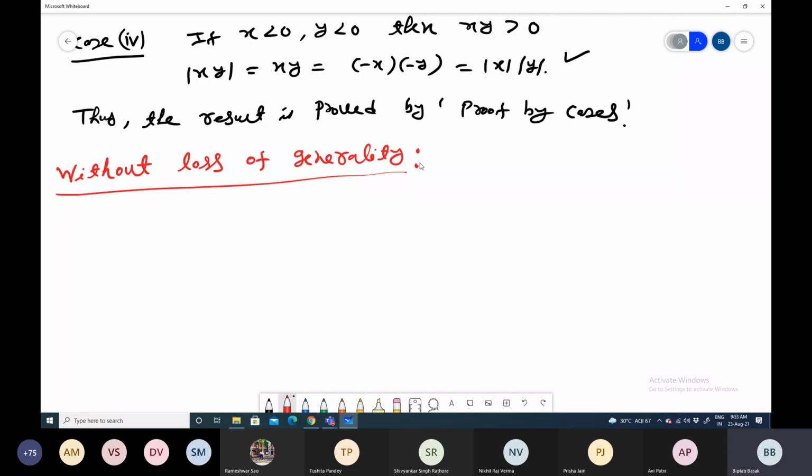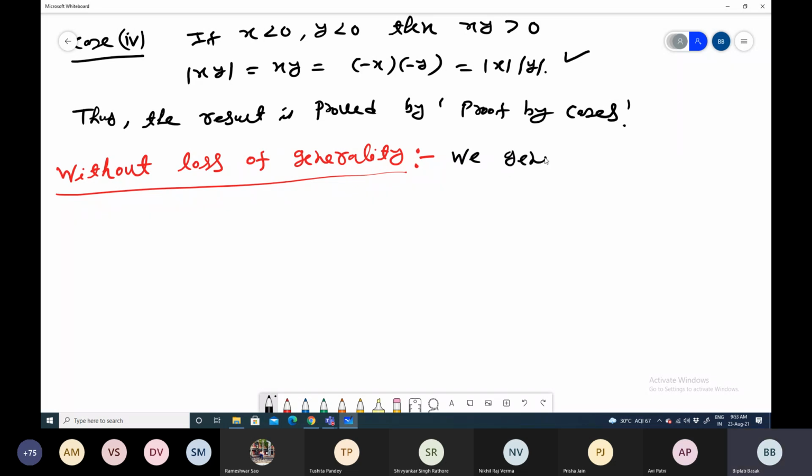Right. So we have already used that. When we prove some theorem, we always use that without loss of generality, assume this. But when we are assuming this, it is because the portion which we are skipping is similar to the portion which we are giving, right?